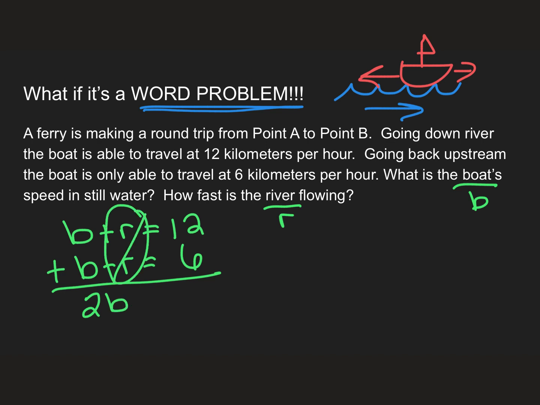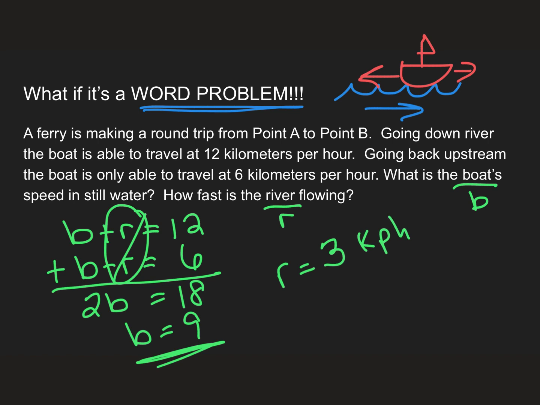Remember, this part's going to eliminate, equals 18. Divide both sides by 2. That means B equals 9. So my boat is traveling at 9 kilometers per hour. I can put that 9 into either of the equations and get that my river is traveling at 3 kilometers per hour.